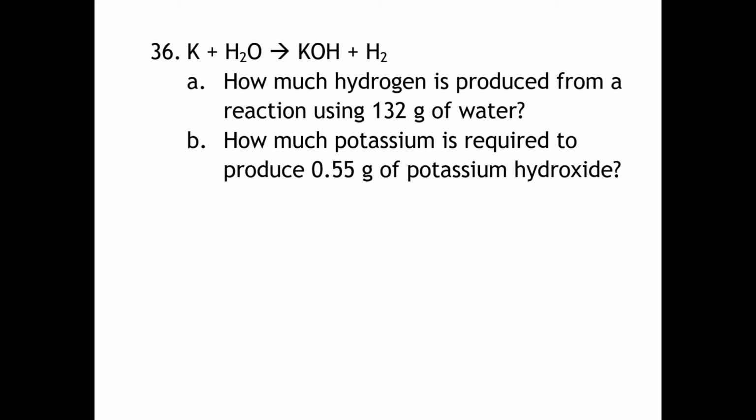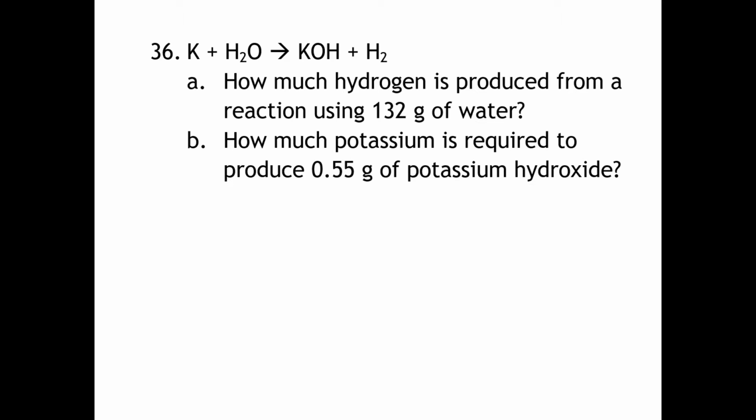Part B, how much potassium is required to produce 0.55 grams of potassium hydroxide? The relative formula mass of potassium hydroxide is 56. We end up with approximately 0.01. It actually is 0.0098 moles of potassium hydroxide.